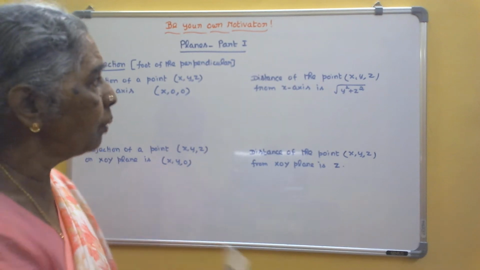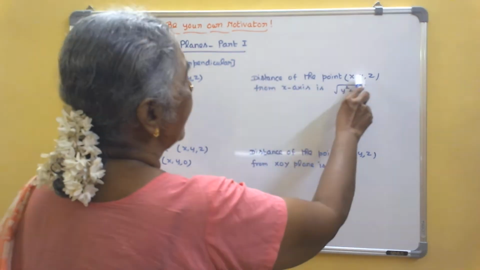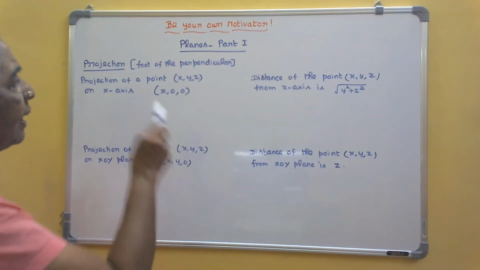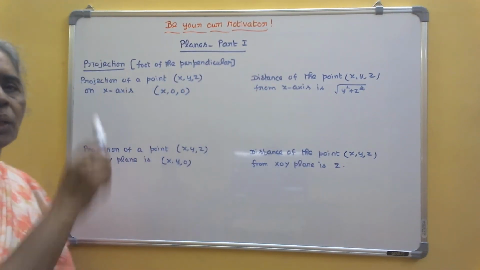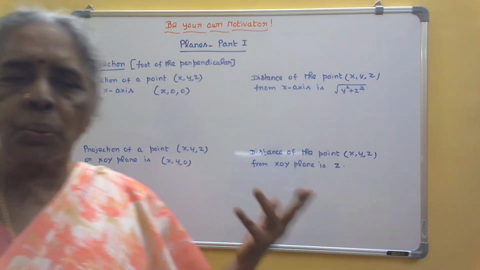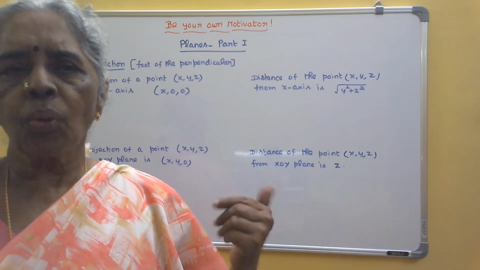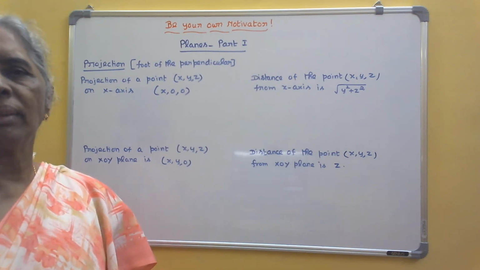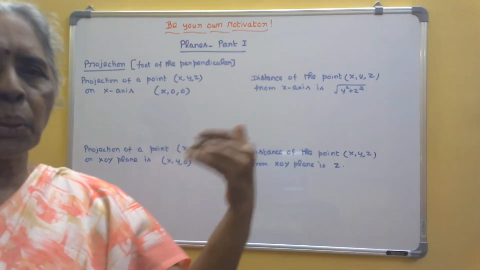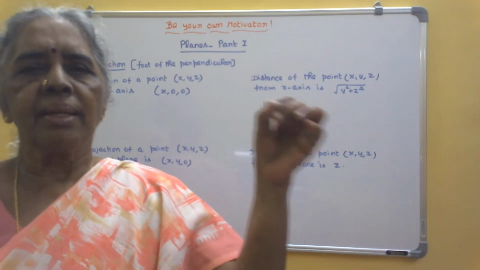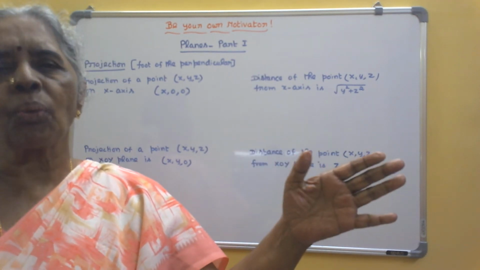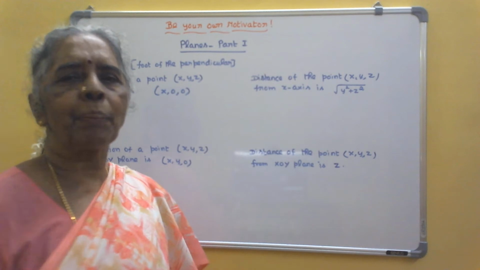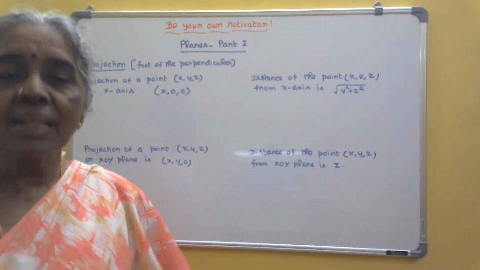Okay. So now, distance of the point x, y, z from the x-axis means actually it is the distance between these 2 points, isn't it? We have to use the distance formula. So you will write root of x minus x the whole square plus y minus 0 the whole square plus z minus 0 the whole square. So what will you get? Root of y squared plus z squared.